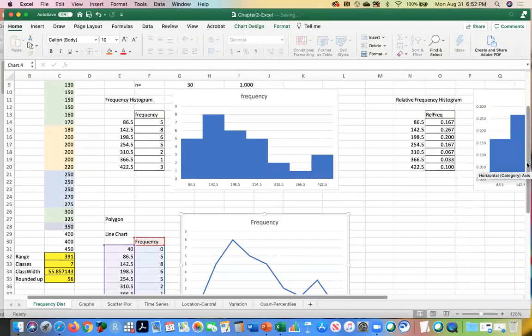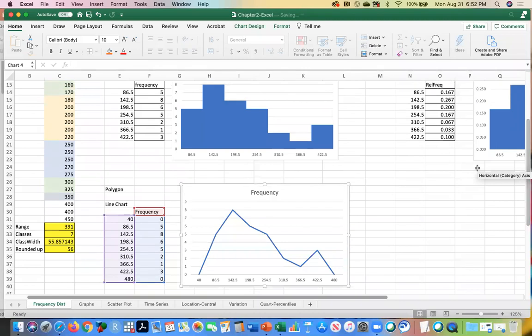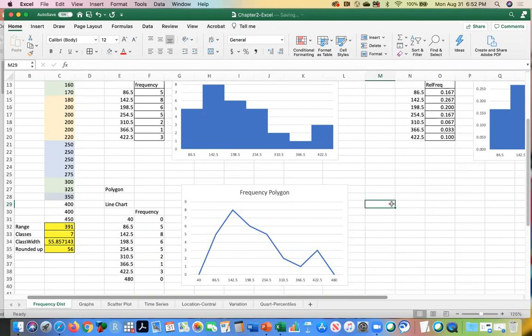The trick in this case is that I use the same data, but I added two different points, just to connect the ends of my graph and create a real polygon. So this polygon is a frequency polygon. I can even modify the title. There are many things that we can do.